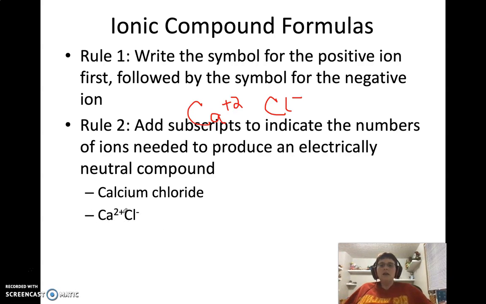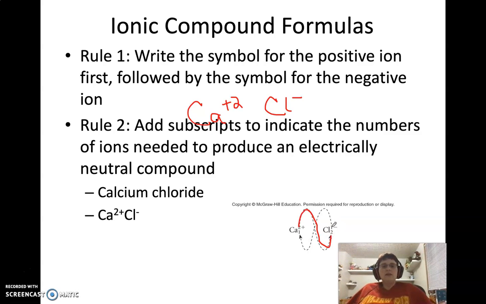So Ca +2 and chlorine -1. So then what we're going to do, if you remember from the earlier chapter, is take this charge and make it a subscript. This is the picture from your textbook. It's kind of confusing. If you follow the little dotted arrows, this one is showing you to take the 2 and put it over here for the chlorine.